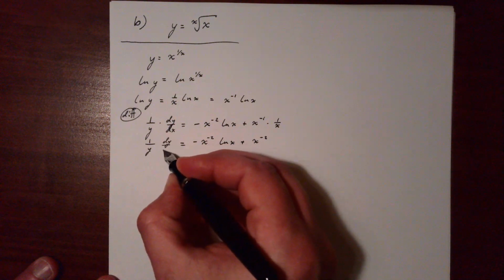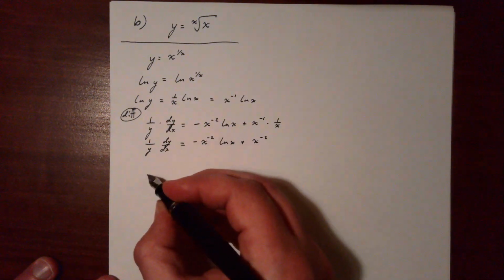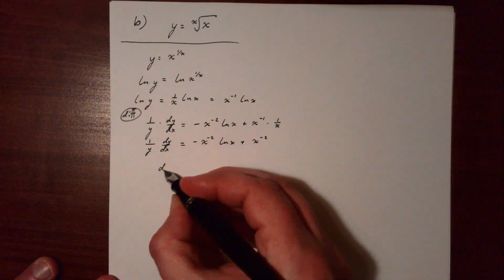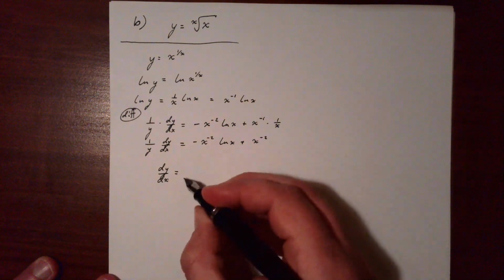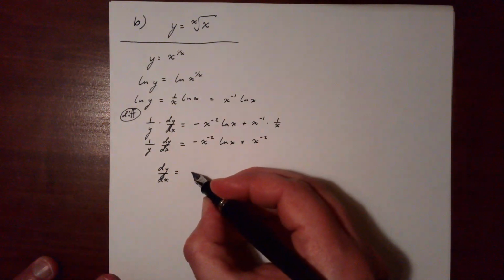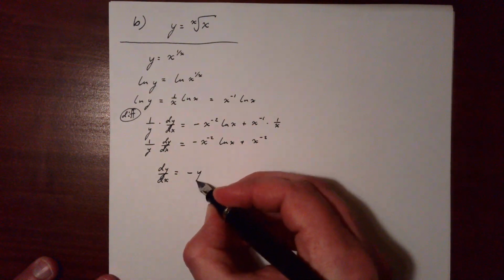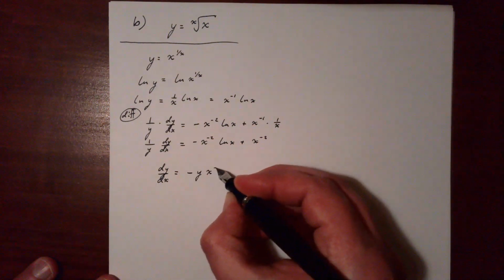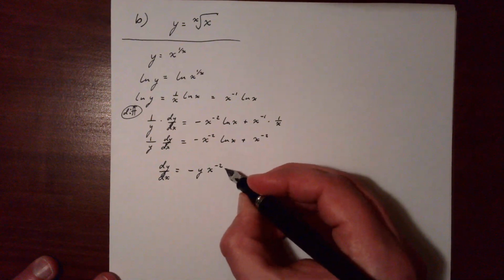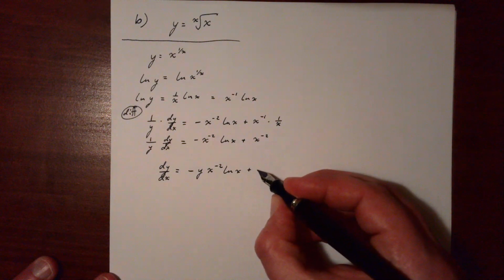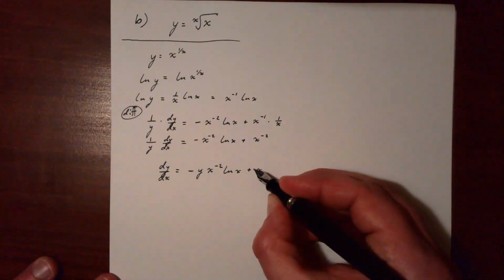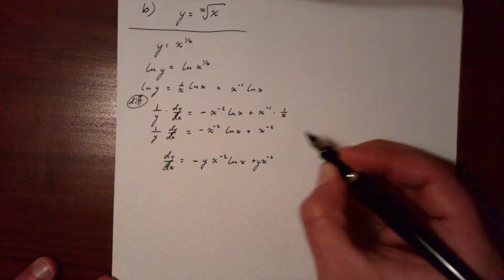So if I want to get dy/dx itself, I just have to solve for that, and I do that by multiplying both sides by y. So then dy/dx is going to equal, I'll just write it like this, negative y x to the negative 2 natural log x plus y x to the negative 2.